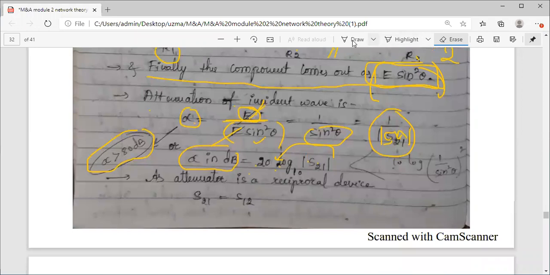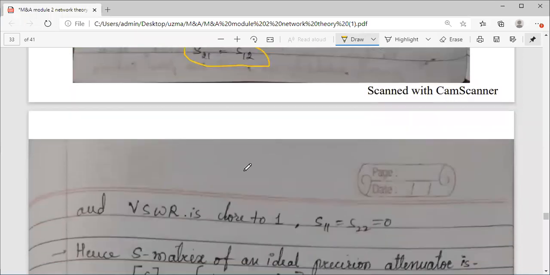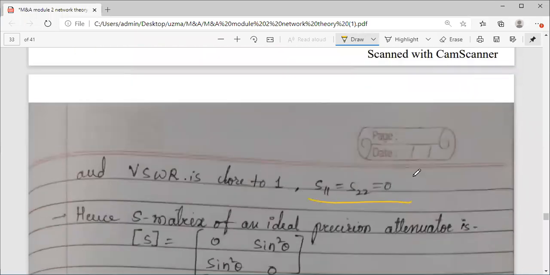As the attenuator is a reciprocal device, the symmetric property is applicable, so S21 and S12 are equal. Also the self values, the reflections S11 and S22, are 0 for this attenuator.